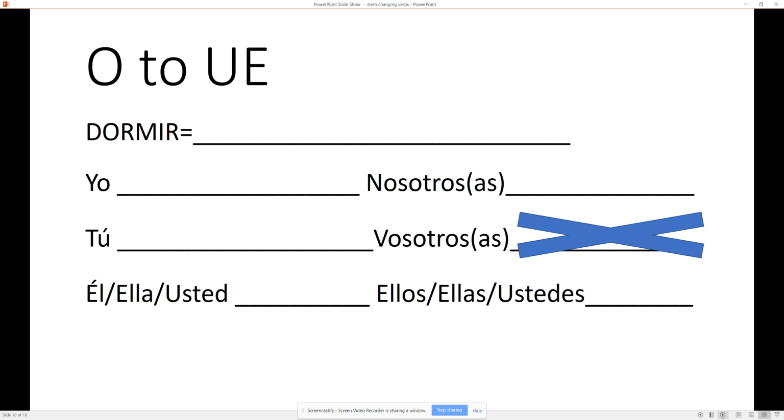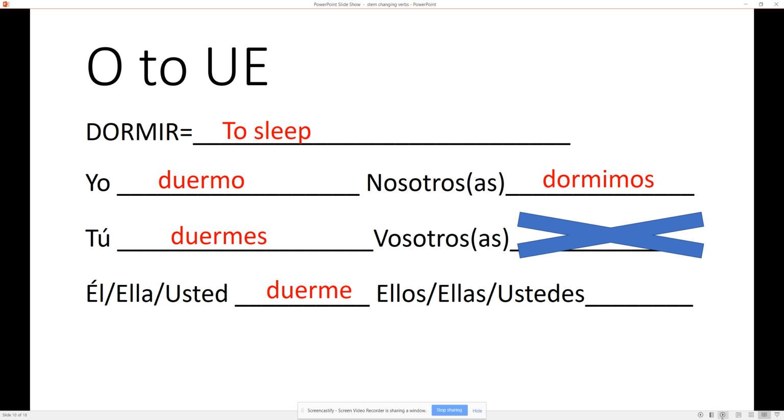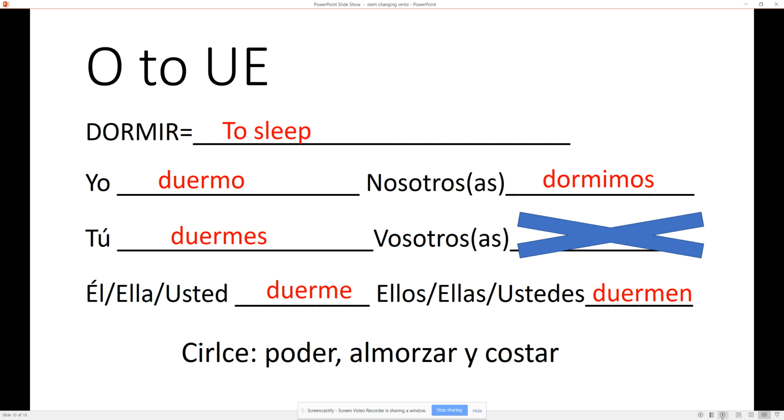Now for the O to UE, with the word dormir, to sleep, and you might recognize that in dormitory. So we have here yo duermo, tú duermes, él duerme, nosotros dormimos, and ellos, ellas, and ustedes duermen. All right, and I also ask students to memorize a certain number of verbs.